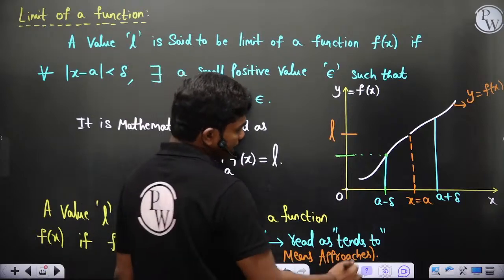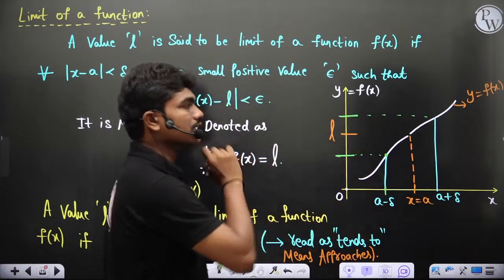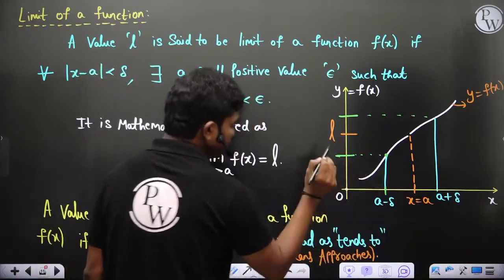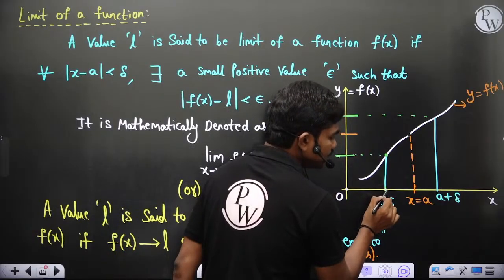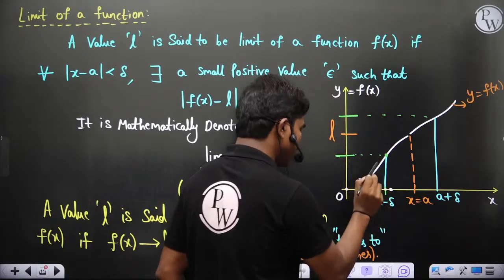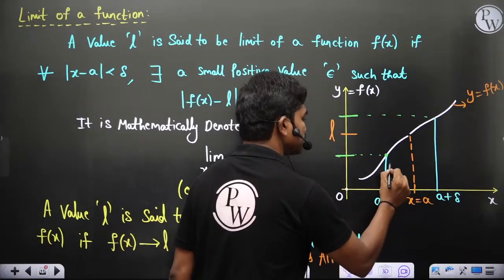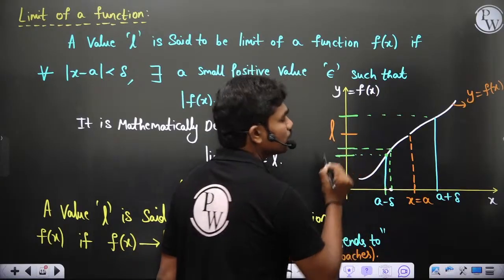Now similarly here also you can understand one thing, if I start approaching towards a, let's say I am initially here, but let's say I moved somewhere here. From here to here, when I move, you observe that the functional value came here.